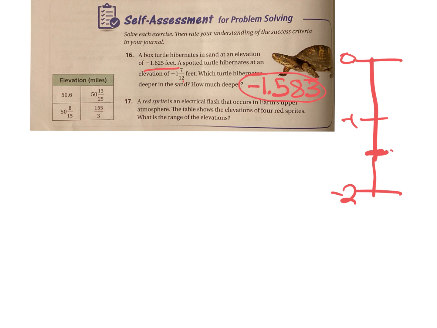I'm going to call that my spotted turtle. Okay, and then I have a box turtle. It hibernates at negative 1.625. Well, if this is negative 1.583, then a little bit deeper would be negative 1.625. And that's my box turtle. So which one hibernates deeper? The box turtle does.